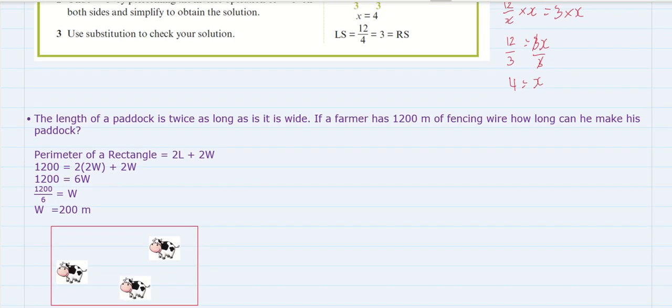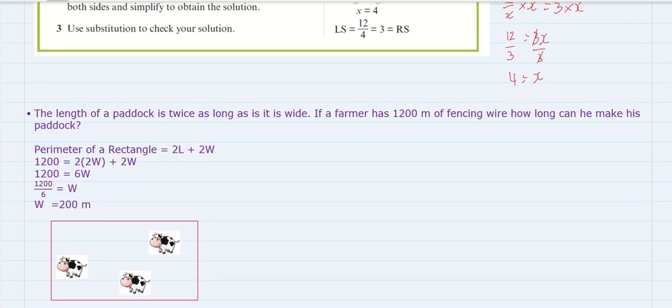Got a couple other problem solving sorts of questions here. Now here's one we've got. We've said that the length of a paddock is twice as long as it is wide. So if a farmer has 1,200 metres of fencing, how long can he make the paddock? Just remember that the perimeter of a rectangle is 2 lengths and 2 widths. But we know that the perimeter is 1,200 metres.